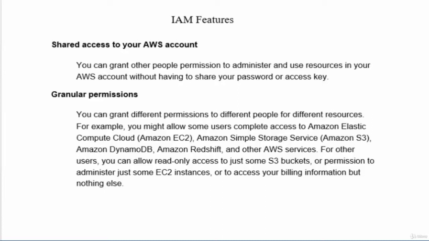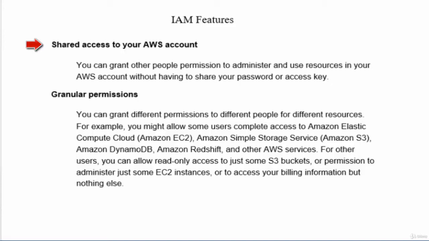The first feature is shared access to your AWS account. You can grant other people permission to administer and use resources in your AWS account without having to share your password or access key. We can understand this by a real-time scenario. Suppose you have a root account in AWS and you don't want to share that with any user because of security breach.